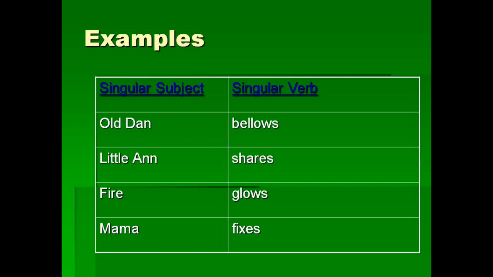So these are singular subjects taking singular verbs. So you can see the verbs are ending with s or es, the s form of the verb. Then here we have the singular subjects, the doers of the action.